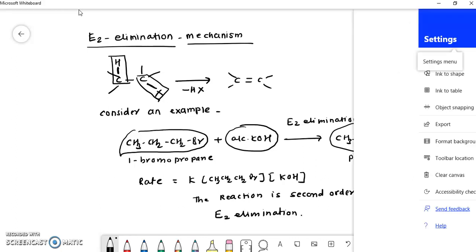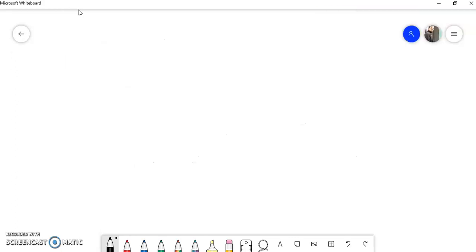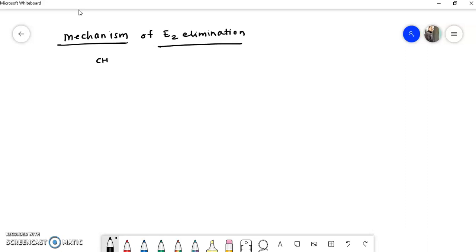Now we will see the mechanism of this reaction, the mechanism of E2 elimination. Okay, now we will consider the same example that we have seen: CH3 CH2 CH2 Br plus OH minus.